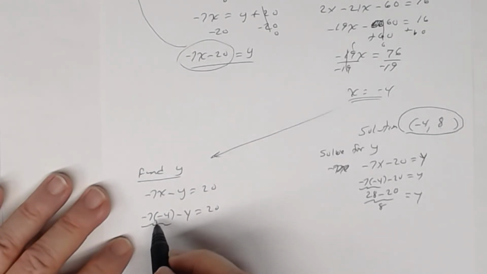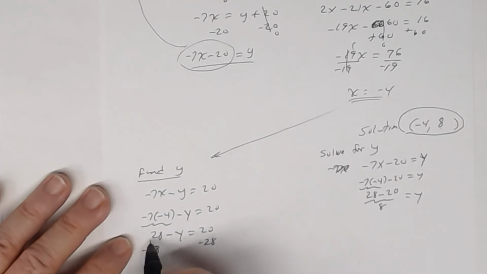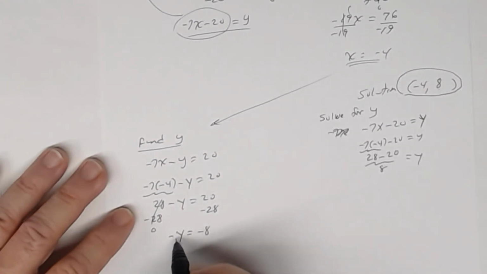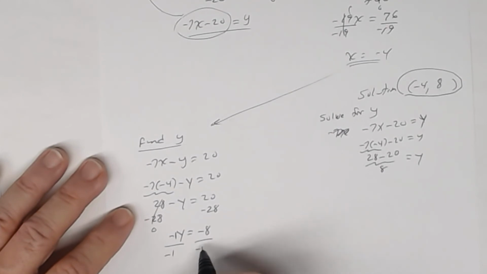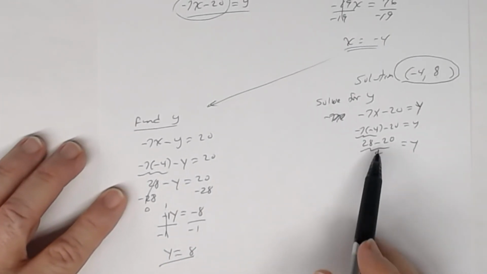Negative 7 times negative 4 is 28, so 28 minus y equals 20. Subtracting 28 from both sides, I get negative y equals negative 8. Remember, negative y means the same thing as negative 1 times y. Divide both sides by negative 1, and then simplify. 1 times y is y, and negative 8 divided by negative 1 is a positive 8. So I get the same thing, right?